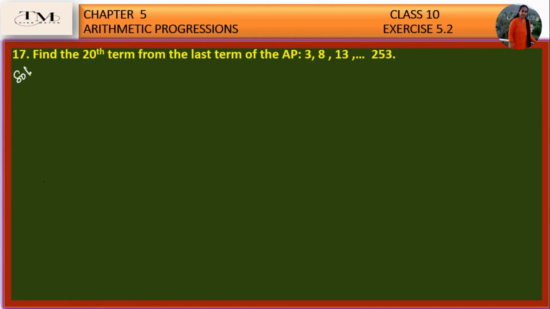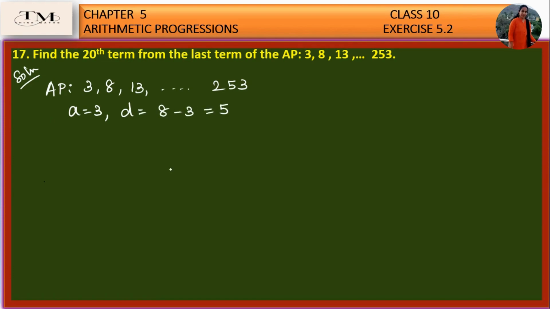So just listen carefully. From the last term, they are asking the 20th term. What is the AP? The AP is 3, 8, 13 up to 253. So for this AP, a is equal to 3 and d is equal to 8 minus 3, which is 5.